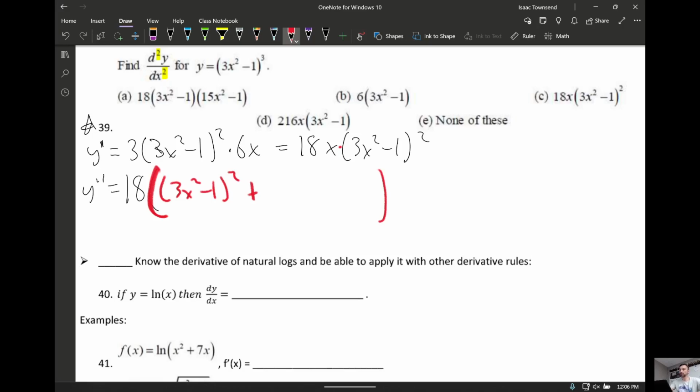Then leave the first alone, times the derivative of the second, which would be bring the power down, lower the power by 1, and I'm taking the derivative of this, so I've got to do chain rule, derivative of the inside. Okay, and I believe that would be my correct second derivative. But I've got to try to simplify this to match up the answer.